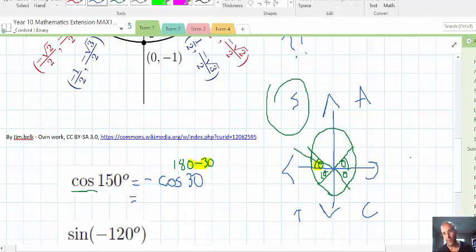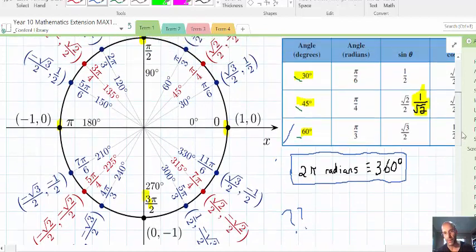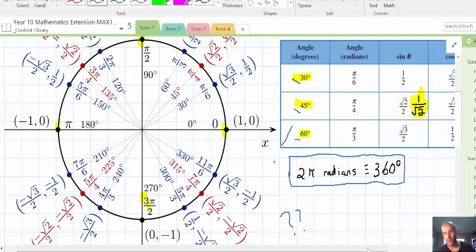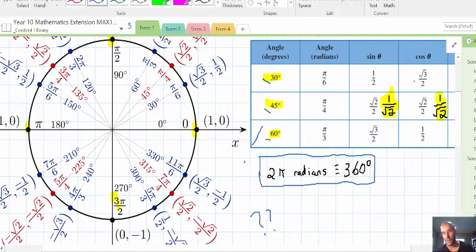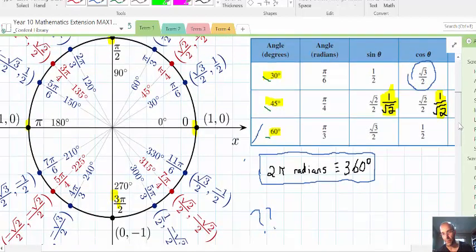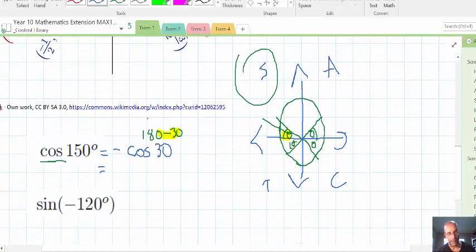Now cos 30, you should know all these values up here, but just to show you where they come from, there's cos 30, root 3 on 2. So it's going to be negative root 3 on 2.